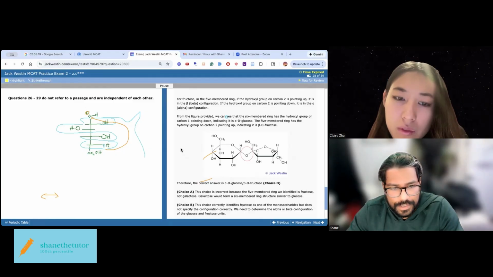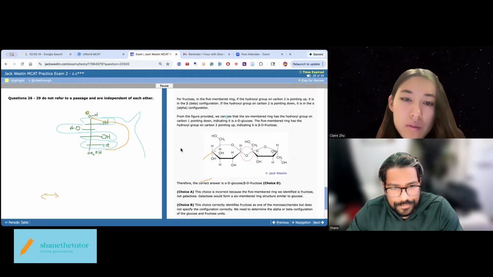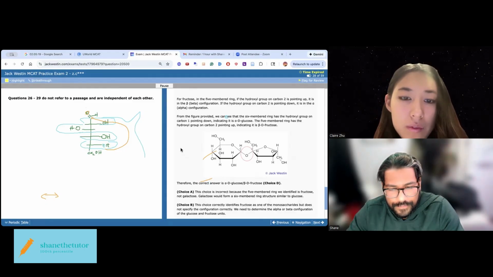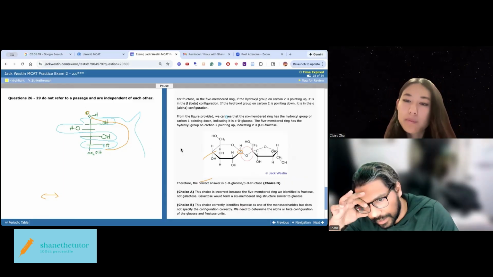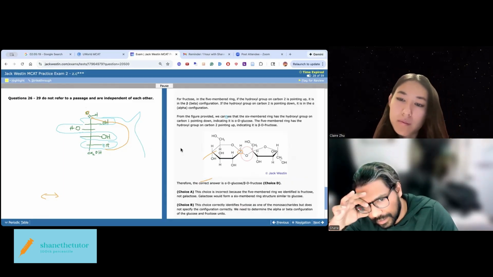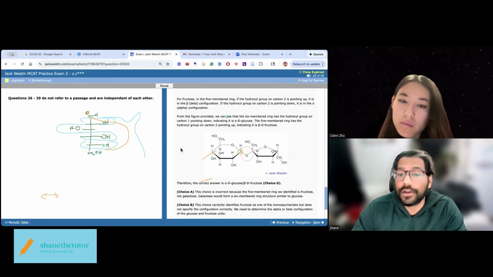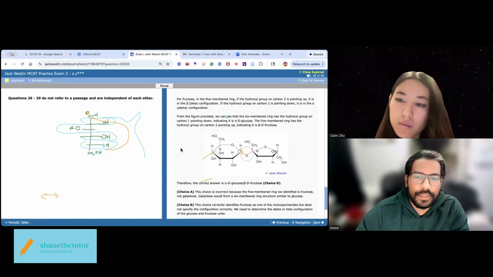Okay, so I think this might be related to the fact that the anomeric carbon here is the first carbon, right? Mhm. And oh, this is interesting.